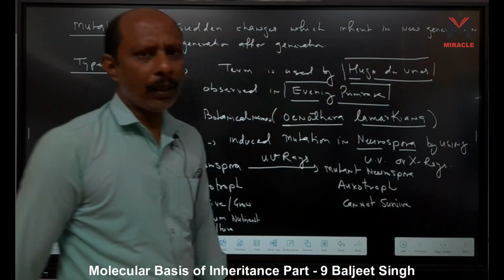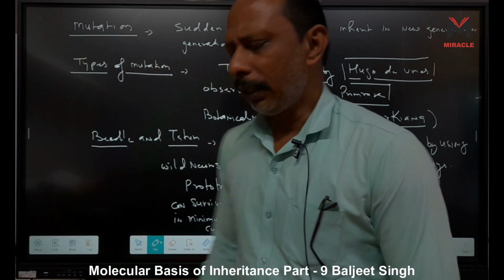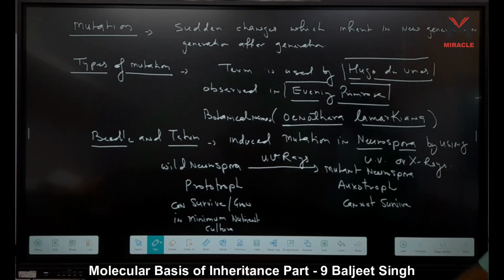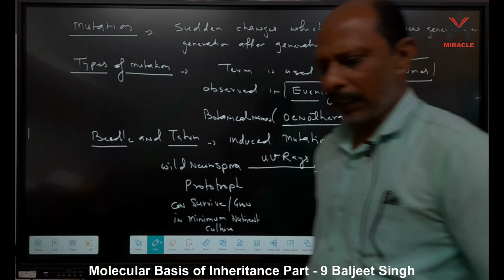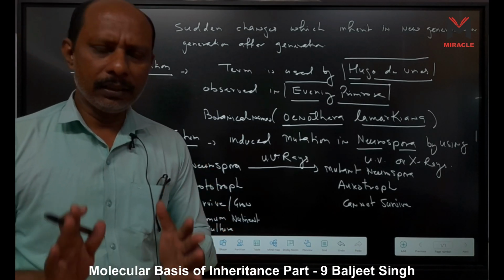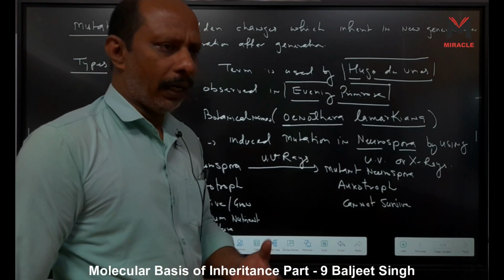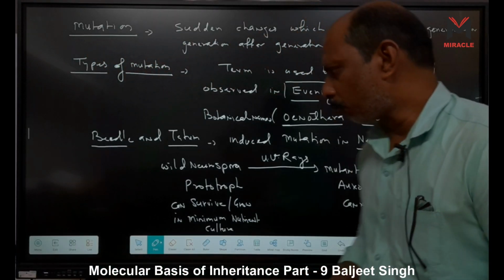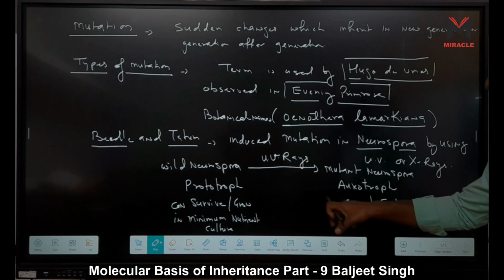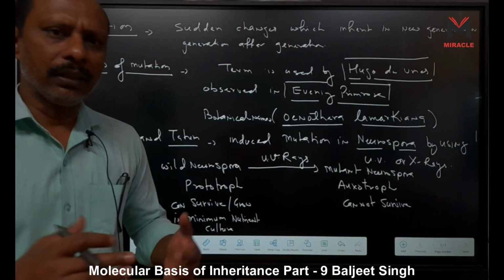Why can it not survive? Because after mutation, this is actually a deletion type of mutation. The part of DNA which is deleted is responsible for the formation of specific enzymes. Now these enzymes are not formed, and due to their absence it cannot form specific nutrients in the body.